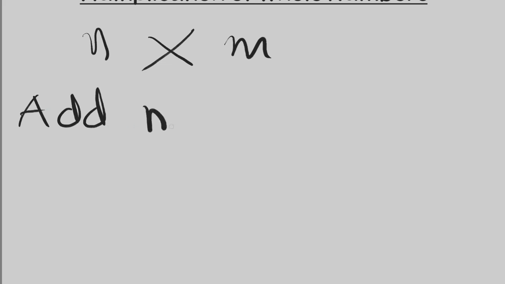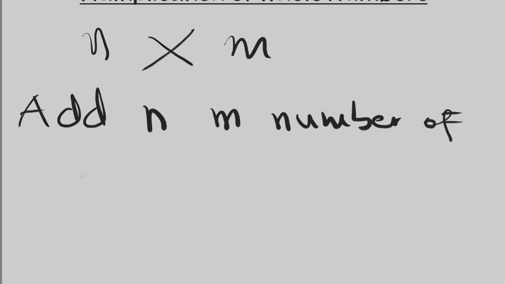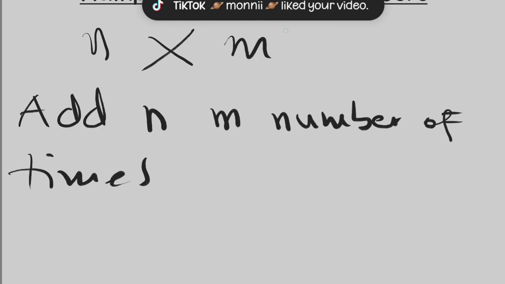It's just saying add. So if you have n and you have m right here, if I'm going to write it out in English, it means add n, m number of times. That's what this whole thing really means.